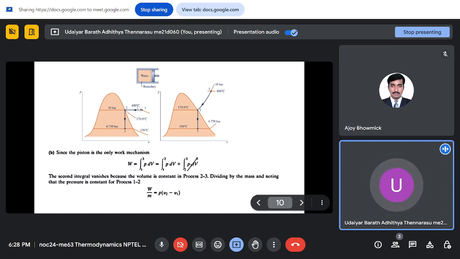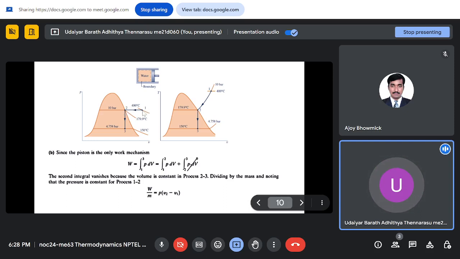So this red line at 400 degrees, sorry, it's a constant temperature line in the PV diagram. So from 1 to 2 there's a constant pressure process. You're compressing the water to make it a saturated vapor at state 2.